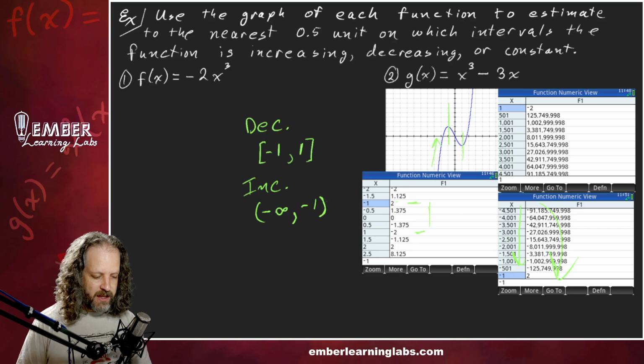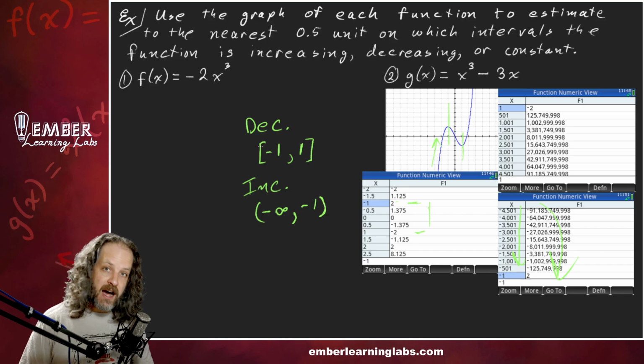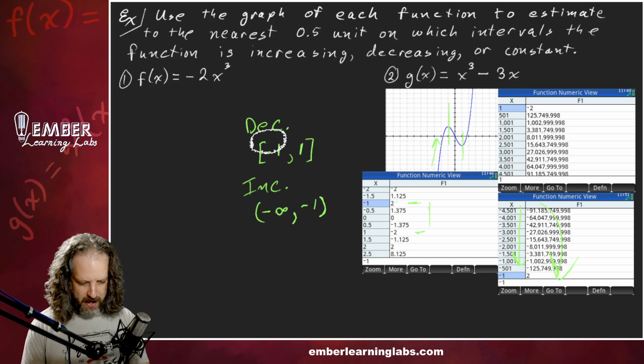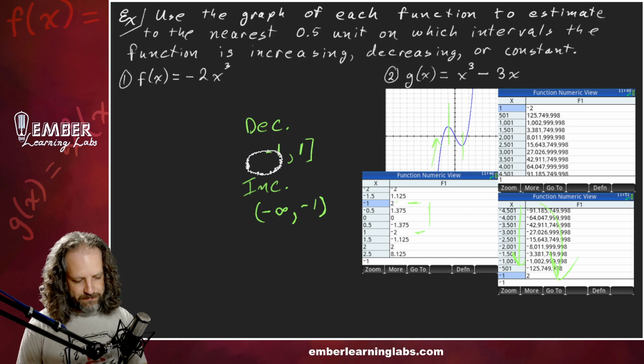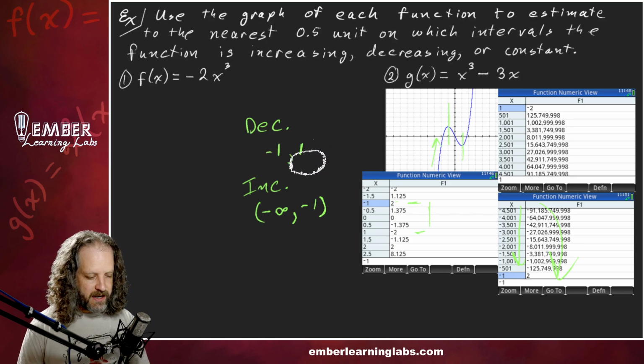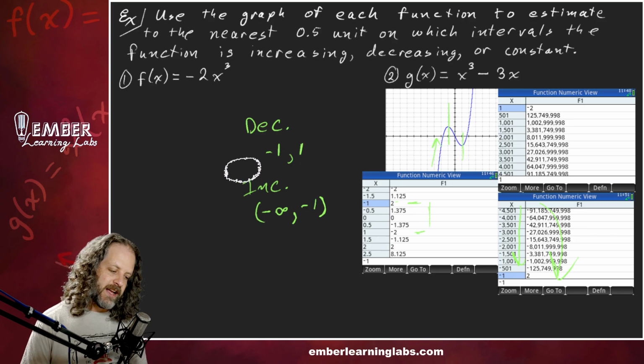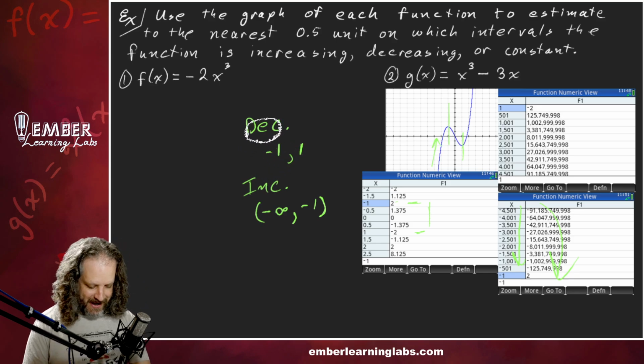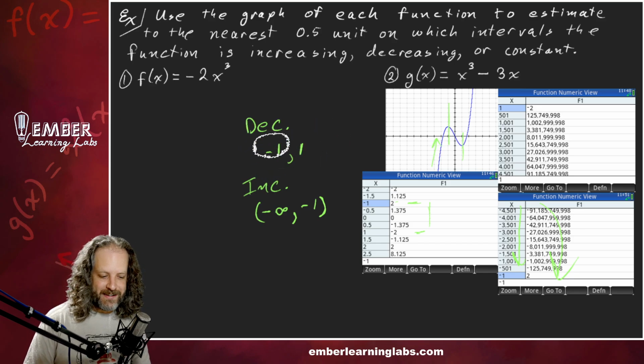So you could say including, or you could say not including. Probably not including would be a better choice, but you could say either one and make a case for it, because it's increasing all the way up to -1, right? And then it goes down again from there to there.